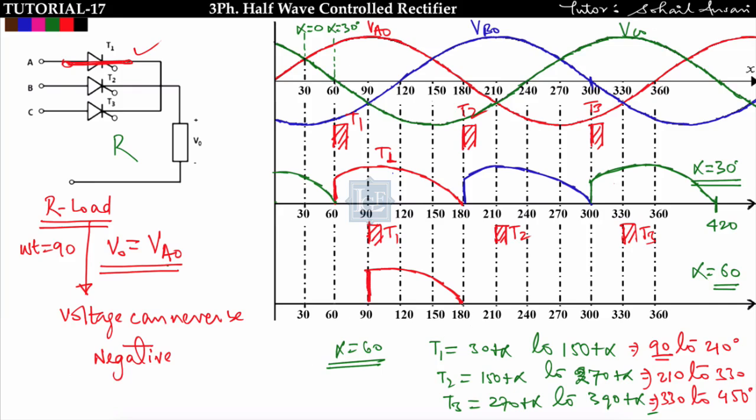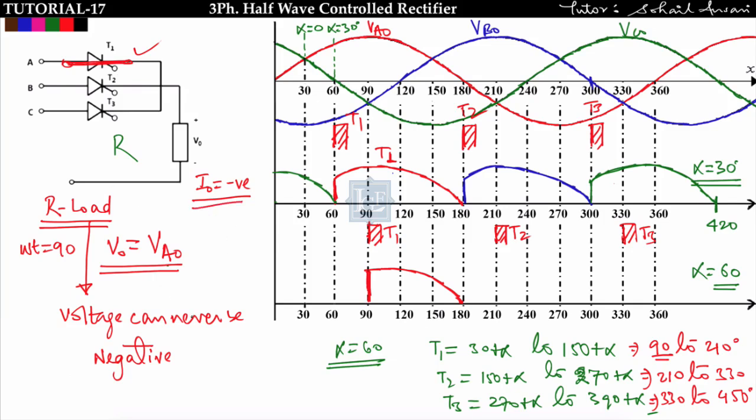See, if output voltage you make negative, then current I naught you will get minus V naught upon R, meaning I naught will be negative. If output voltage is negative, output current will be negative, and it is not possible to reverse the direction of current. Also, this thyristor won't allow the current to flow in reverse direction. This is a unidirectional device, so it won't allow the reverse direction of current to flow. So this is not possible for R load.